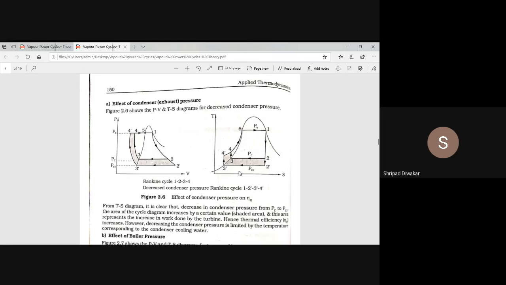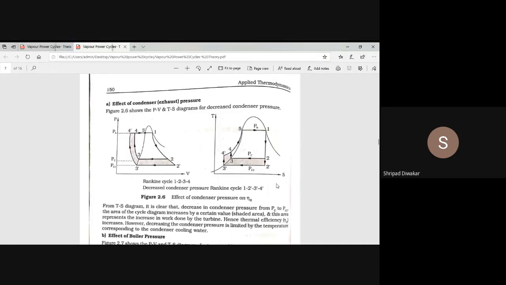For that purpose, you have to draw one more line, 2 dash 3 dash parallel to 2 3, and one more line 3 dash 4 dash parallel to 3 4. Very simple. First you draw the normal diagram 1 2 3 4 5, and then take some distance below 2 3 and draw a line 2 dash 3 dash parallel to 2 3, and draw one more parallel line 3 dash 4 dash to 3 4. This is how to complete the PV diagram and TS diagram.